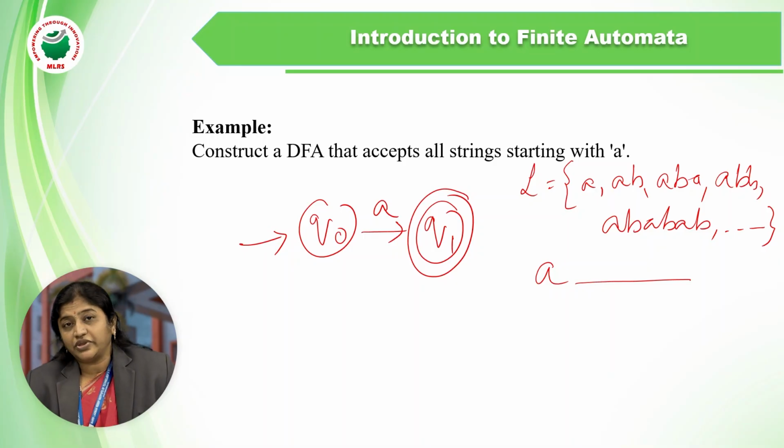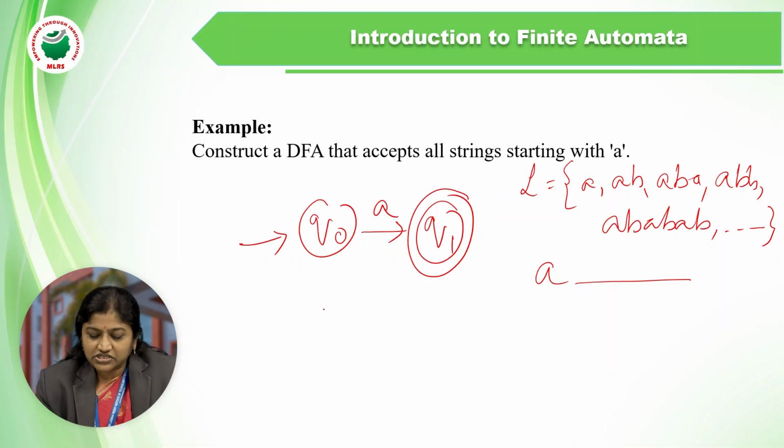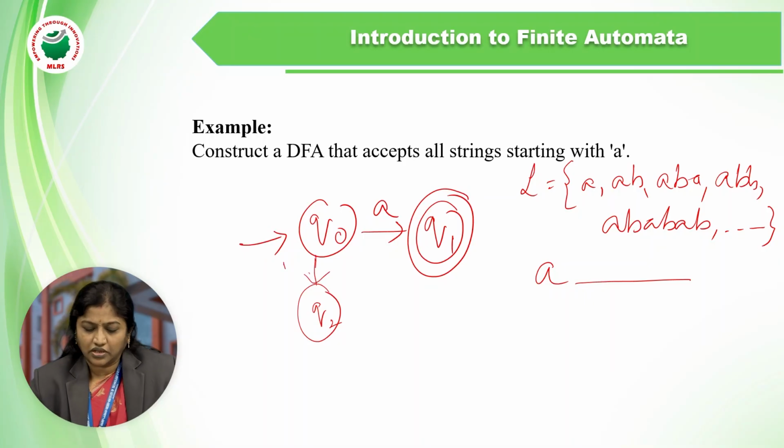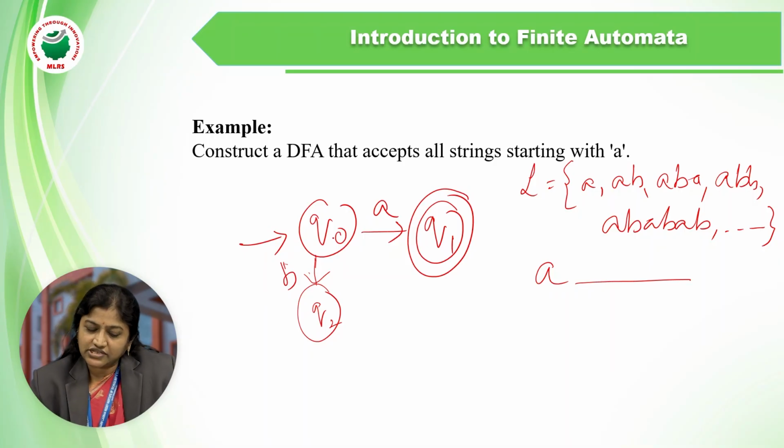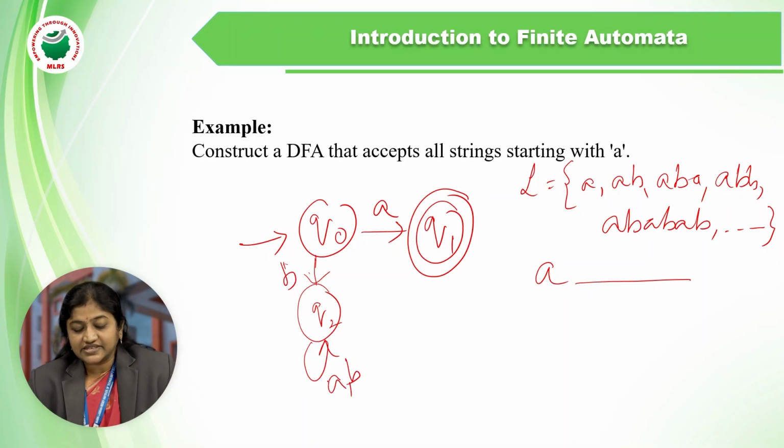And if it starts with B, the possibility is that it may start with B. Then we should take one more state, which should not reach the final state. Q0 on A is over, on B is over. B is a dead state here, so Q2 will take A and B inputs as a loop here only, and as this is not reaching the final state Q1, it remains in Q2 only, and it will not start with B. It only starts with A. And what about Q1 on A and B?